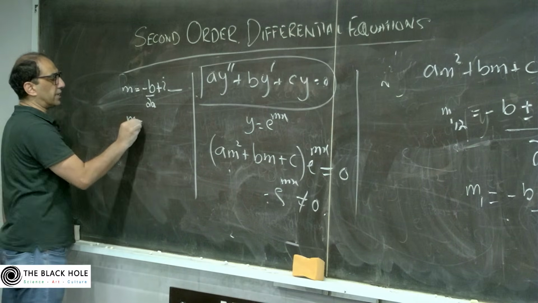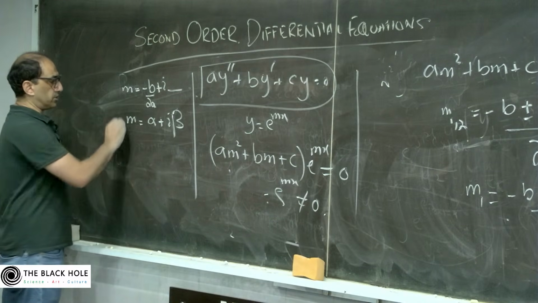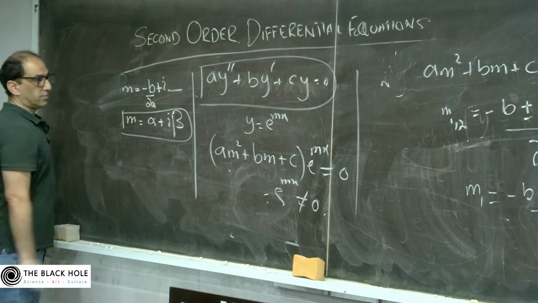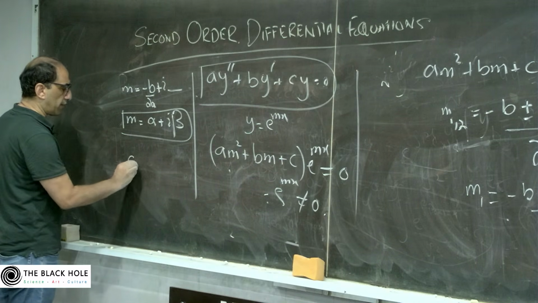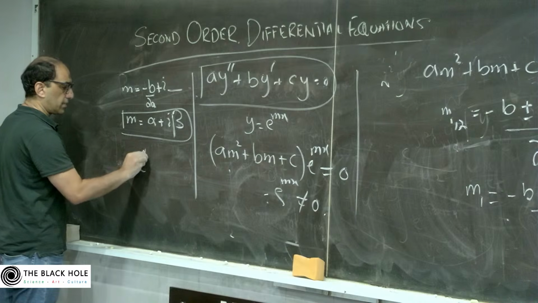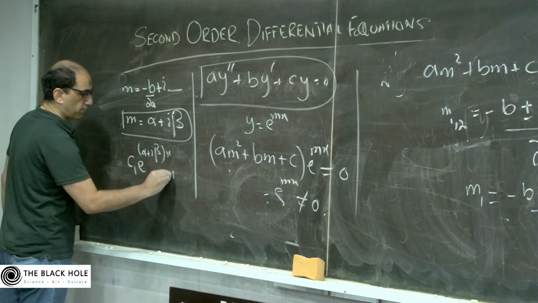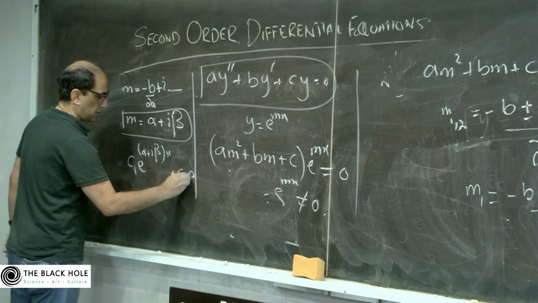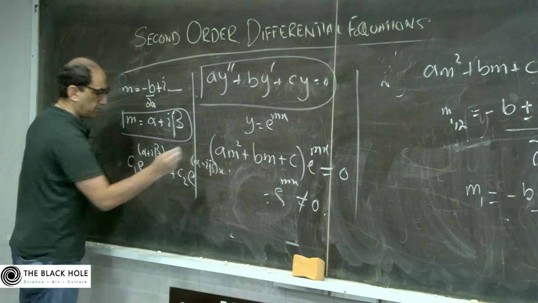So that can be written as alpha plus iota beta. And then you can write C1 e raised to power alpha plus iota beta x plus C2 e raised to power alpha minus iota beta x.